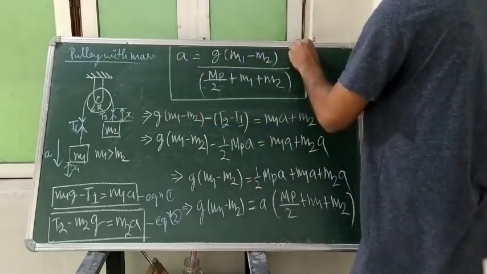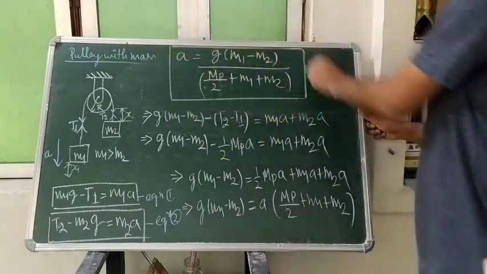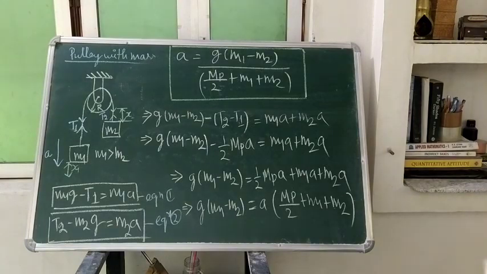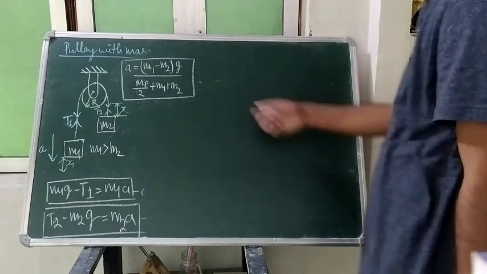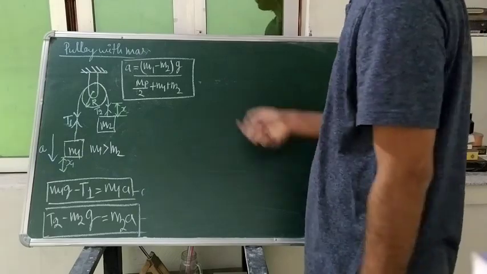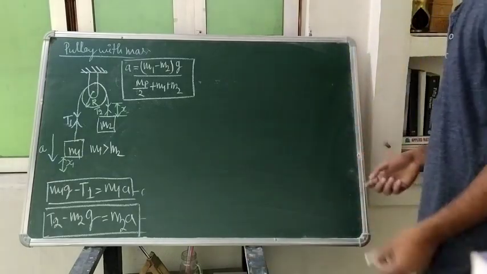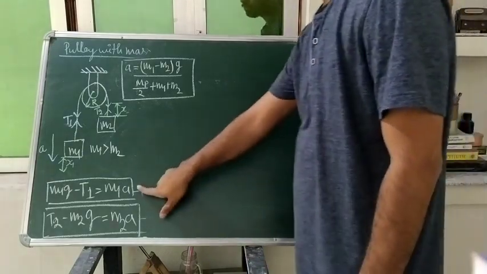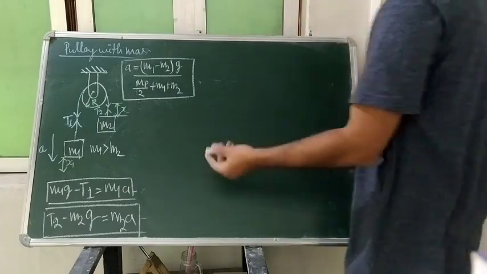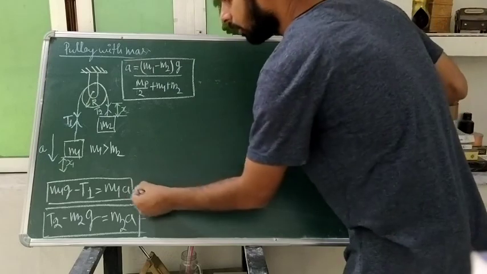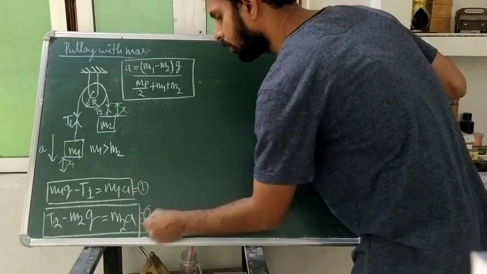So it will come out, the acceleration. So student, we have come to know what will be our acceleration, and now we will solve it for that tension. So this is our equation 1, this one is our equation number 2.